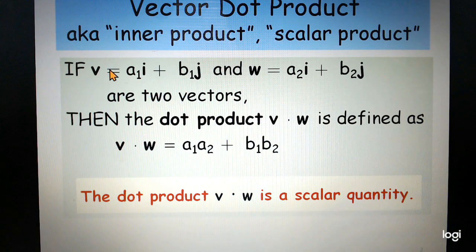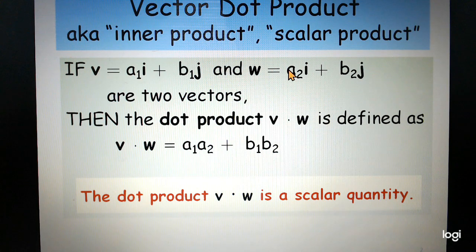So you have two vectors, v and w, and the components are a1 and b1, a2 and b2. The dot product v dot w, and it's not simple multiplication, so a little bit more than that, is defined as follows. You multiply a1 times a2.